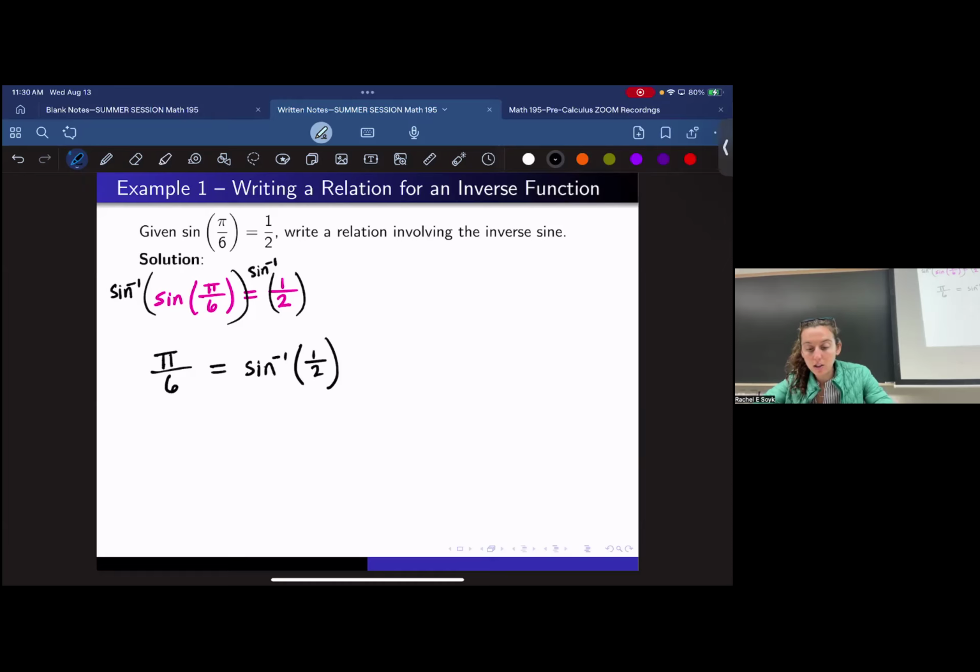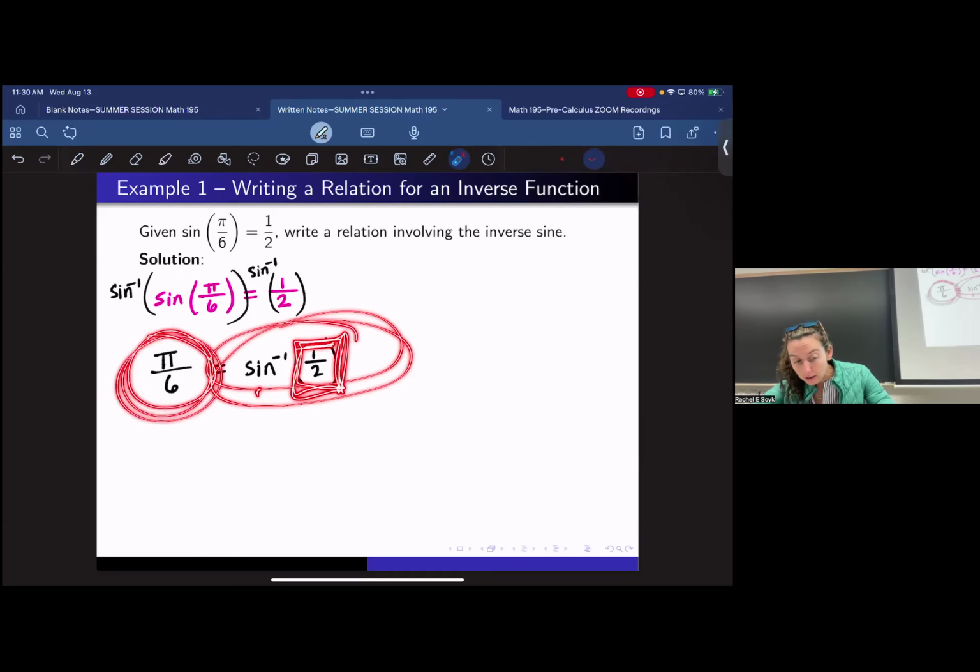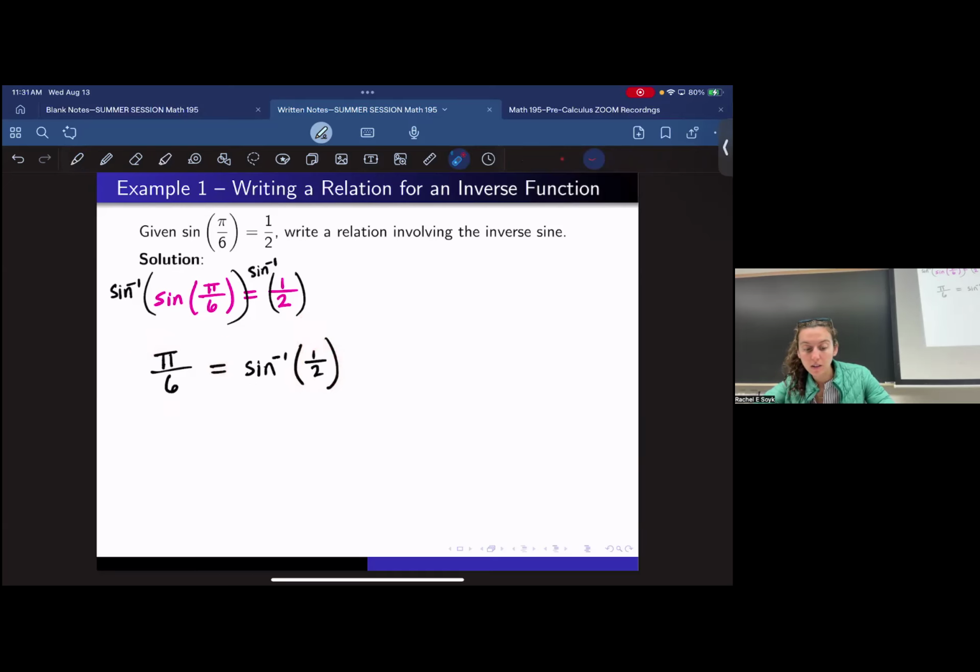But this is just essentially telling us, okay, sine of what angle gives us 1/2? Sine of pi over 6, sine of 30 degrees gives us that value of 1/2, which is inside our inverse function. And so that's it. We just wanted to write the relation involving that inverse sine.